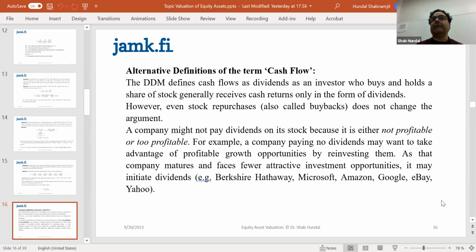And rather than giving money back to the investors, it is reinvesting the money in future R&D, market research, product development, exploring new markets. They are now having operations in Africa, in Asia, in Latin America, far away in Oceania. So they are going far away, or they have started new businesses. So there can be some good reasons or bad reasons.